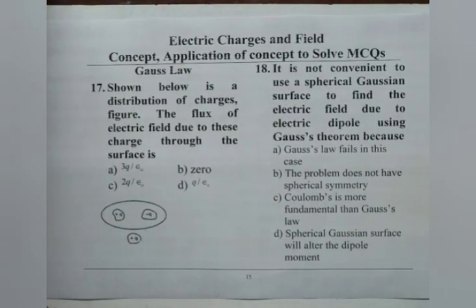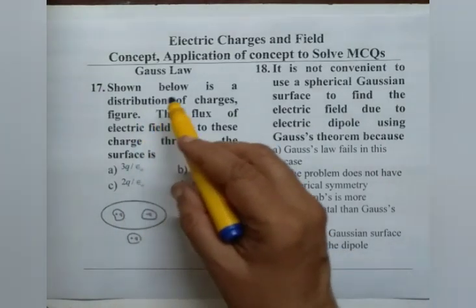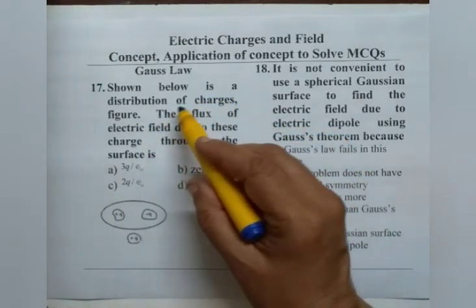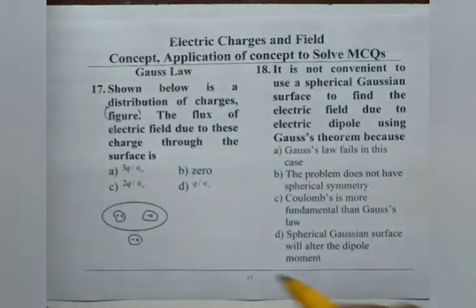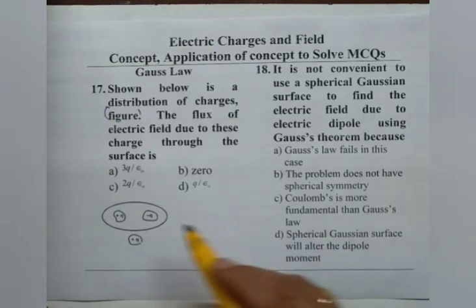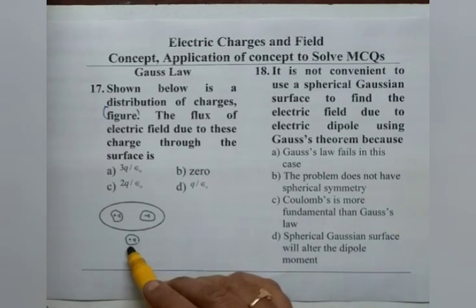Observe carefully. According to Gauss law, we read the problem again. Shown below is the distribution of charges in the figure. The flux of electric field due to these charges through the surface is 3q by epsilon naught. Looking at the figure, plus q and minus q are inside this surface, plus one more plus q is outside.